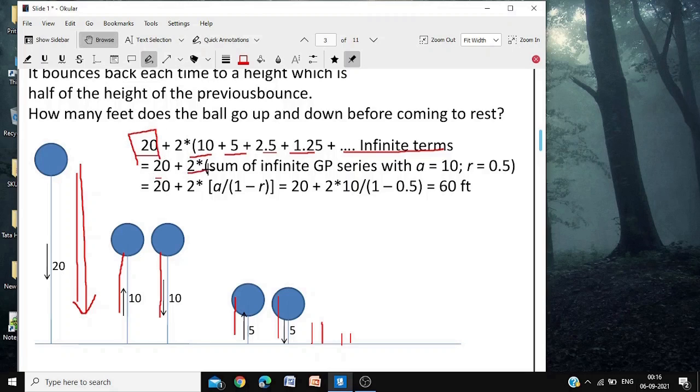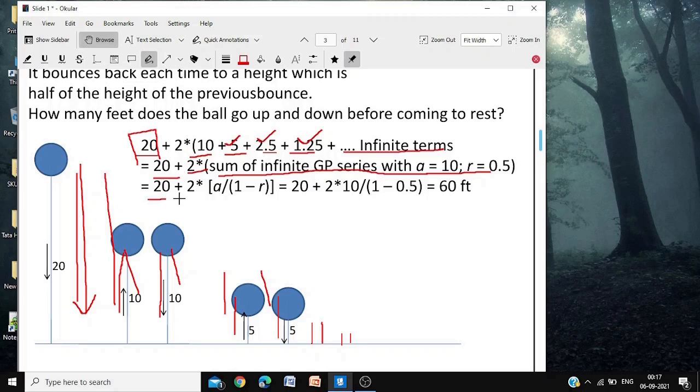The 20 is not multiplied by 2, as 20 is only in one direction. All these others are up and down: 10 up, 10 down, 5 up, 5 down. So we have 2 into the sum of an infinite GP series with first term 10 and common ratio 0.5. After 10 you get 5, that is, you multiply by 0.5. Again you multiply by 0.5. Again you multiply by 0.5.